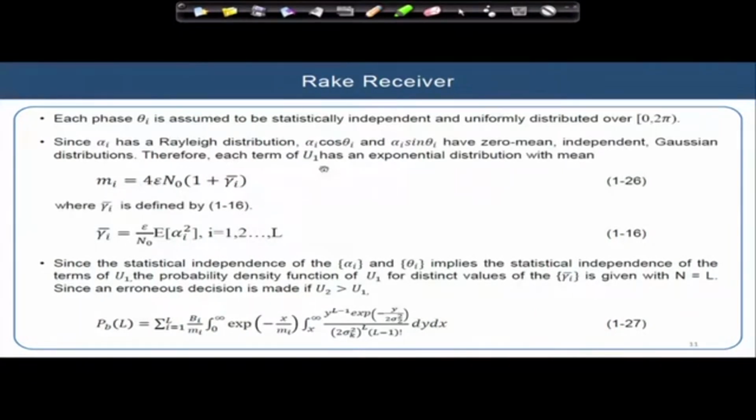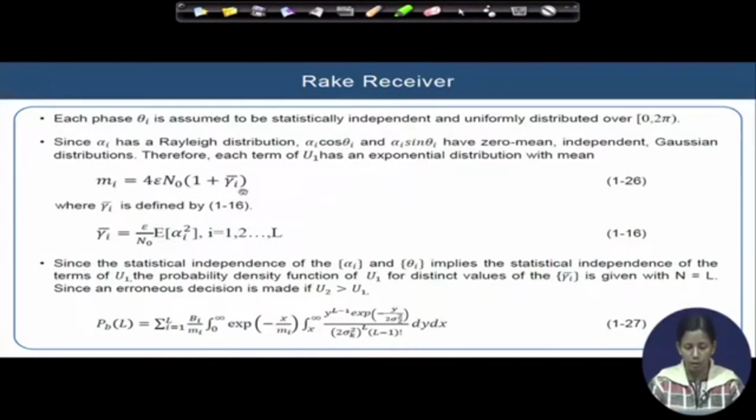So, U1 finally has an exponential distribution with a mean of this, where this is the average SNR for branch number I. We saw in the last slides that this gamma I bar is the mean power taken from the channel, which controls the received signal power.